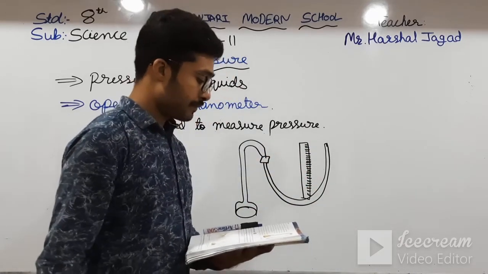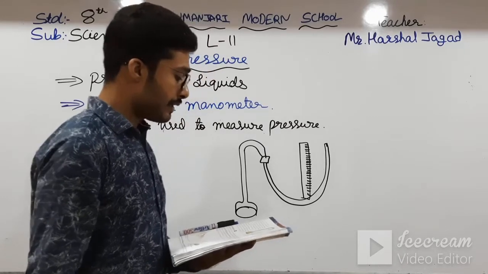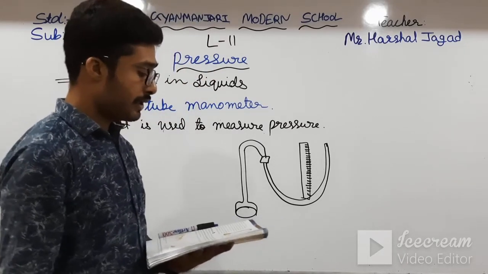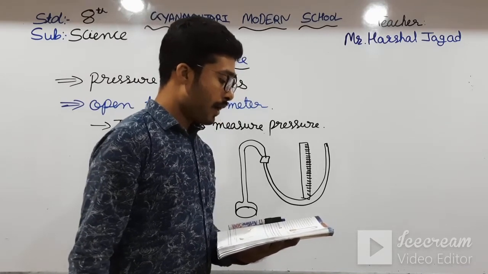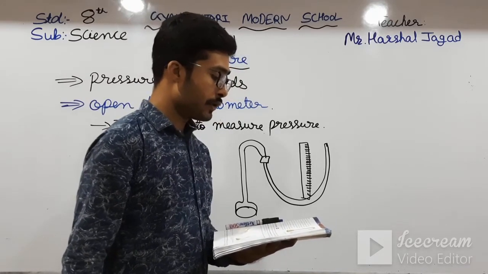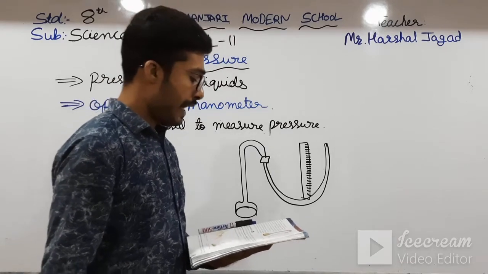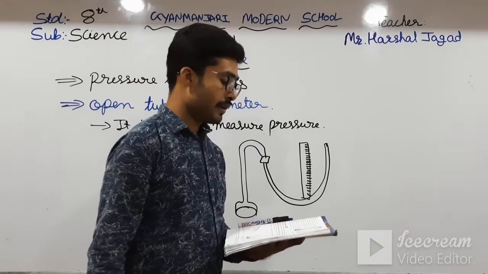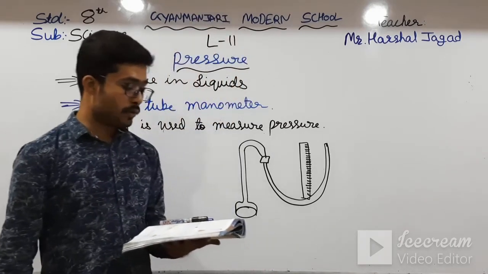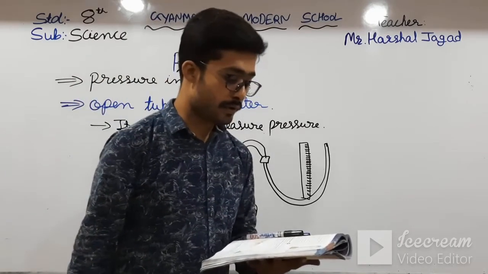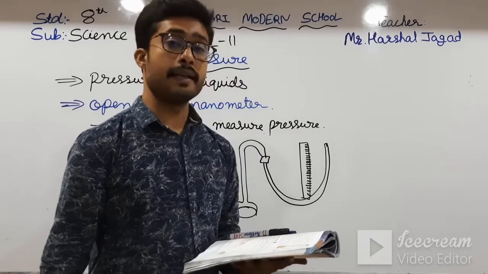Okay, students. To measure the level of the water, one arm of the U-tube is open and the other is closed with a rubber tube. Normally the level of the liquid in the two arms of the U-tube is the same.